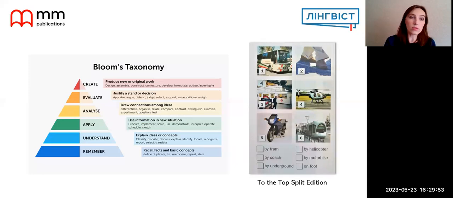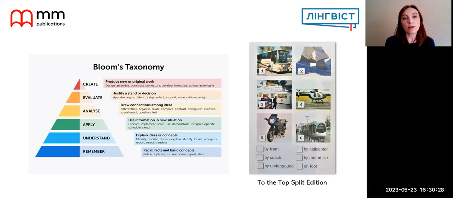So let's have a look at how we can teach the words, the vocabulary, and you can teach it according to Bloom's taxonomy. Bloom's taxonomy attempts to classify learning stages from remembering facts to creating new ideas based on their acquired knowledge. And the idea of Bloom's taxonomy is that learning is a consecutive process.